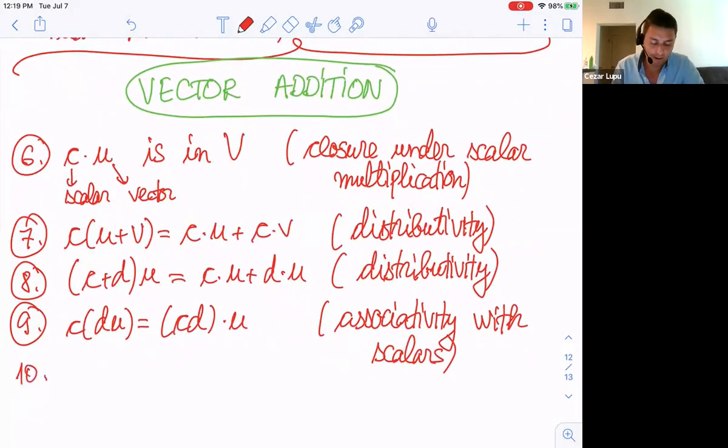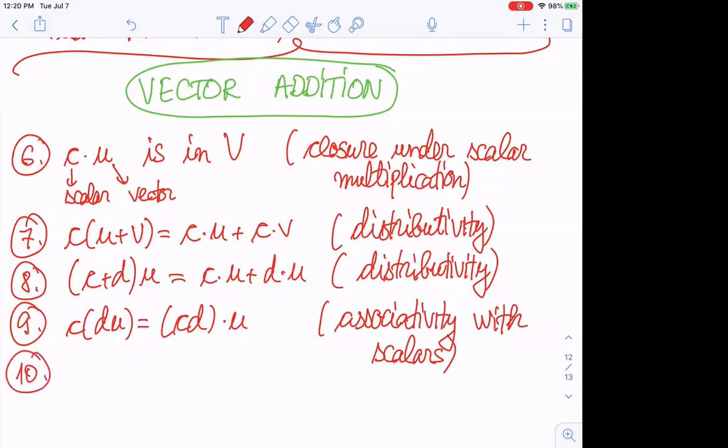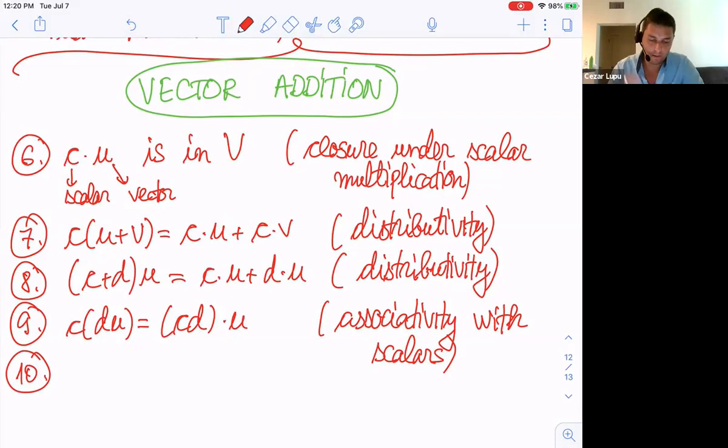And the last one, and this is very important to mention, is 1 times U equals U. So you have the identity, the scalar identity.